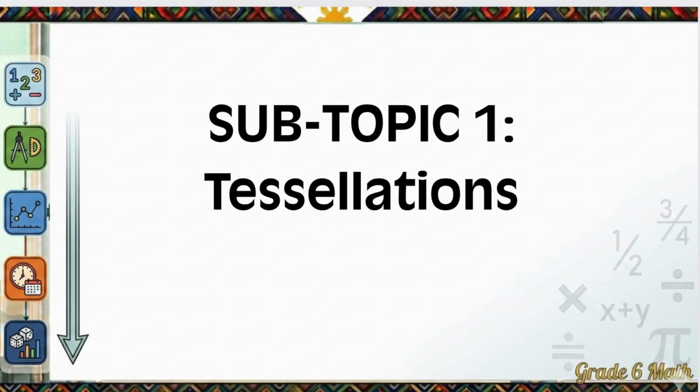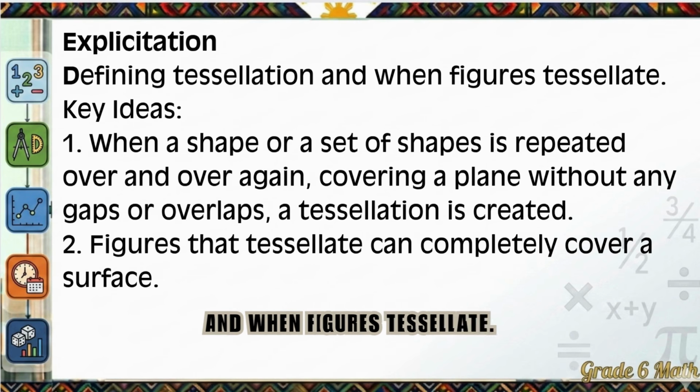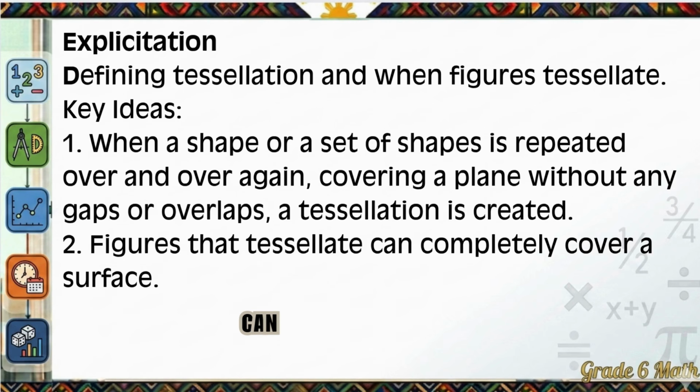Tessellations. Explicitation. Defining tessellation and when figures tessellate. Key ideas. 1. When a shape or a set of shapes is repeated over and over again, covering a plane without any gaps or overlaps, a tessellation is created. 2. Figures that tessellate can completely cover a surface.